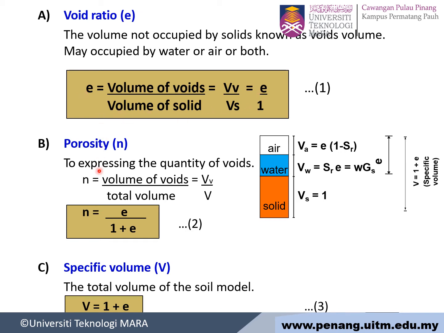Alright. So porosity, the expression of the quantity of void. Okay. So n is equal to volume of void over total volume. Total volume is 1 plus E. So volume of void is Va plus V water, which is E. So E over 1 plus E. So porosity is equal to E over 1 plus E. Okay.